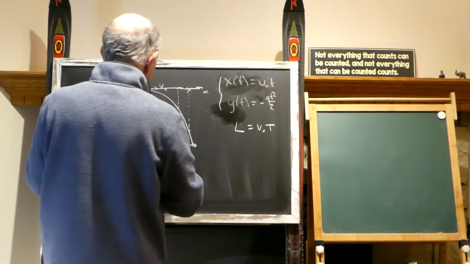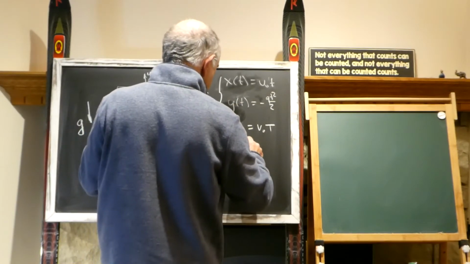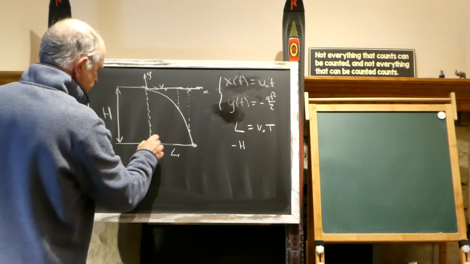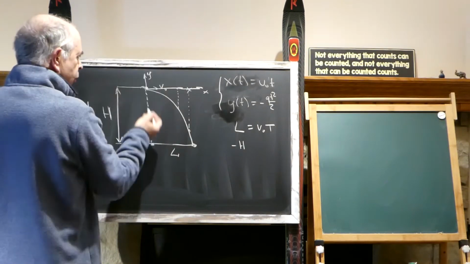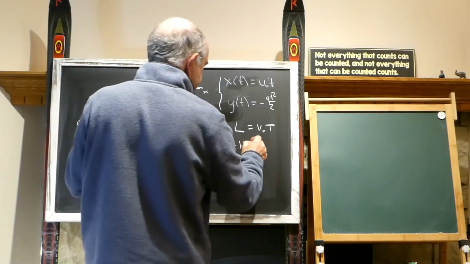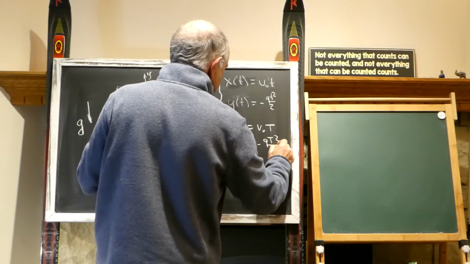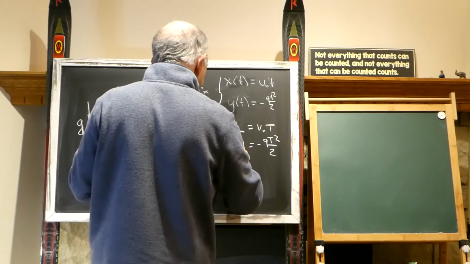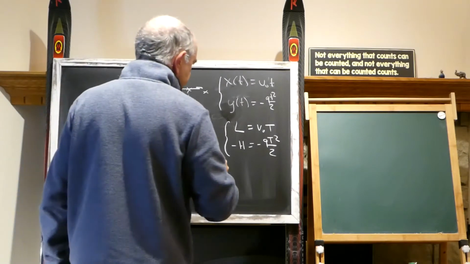And along this, it would be minus h, because this coordinate is minus as soon as we put 0 here and y is directed up. So this is distance h, but the coordinate is minus h, equals minus gt squared over 2, right? And we can find anything we want.